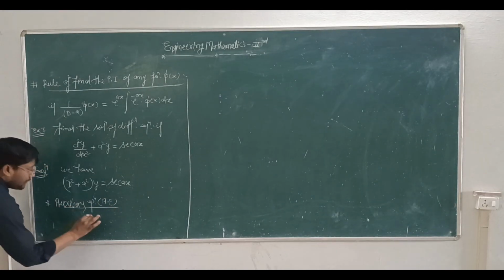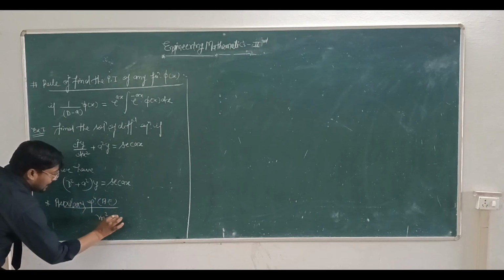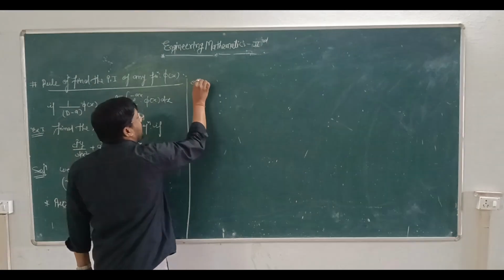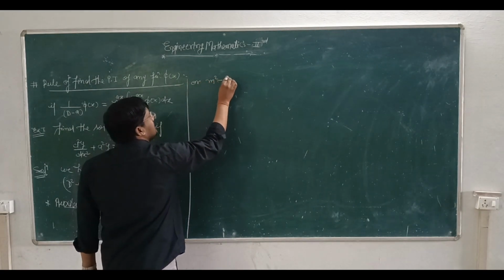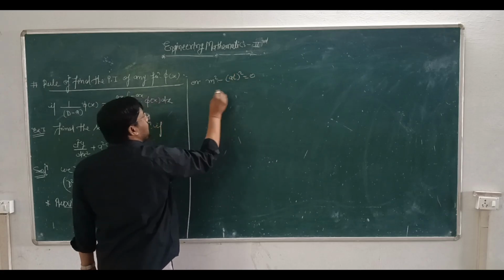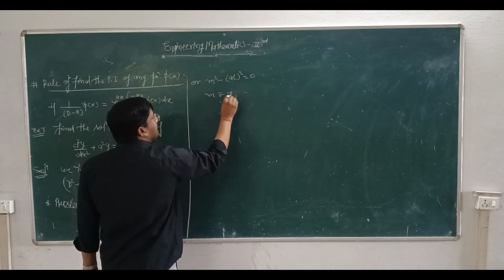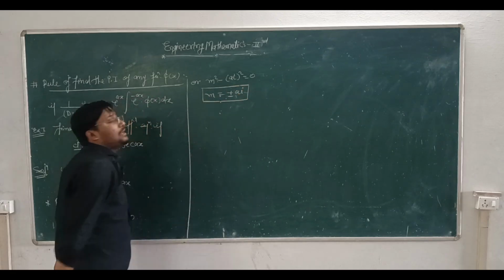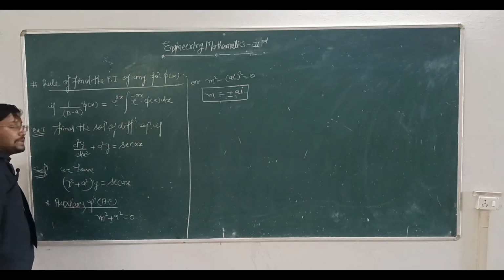Now you can write m square plus a square is equal to 0, or you can write m square minus ai square is equal to 0, or you can simply write m is equal to plus minus ai. This is the roots of the differential equation.